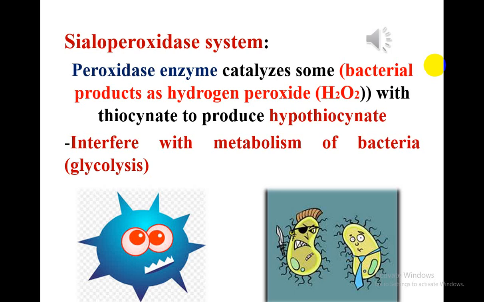The sialoperoxidase system can interfere with one of the bacterial metabolisms, known as glycolysis. By this, this enzyme can control bacterial metabolic products.